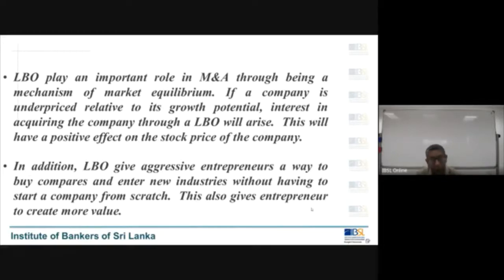Whereas what does leverage buyout mean? You are going to an outside organization, a bank or any other lender, and borrowing money and acquiring a stake in that company based on outside borrowing.